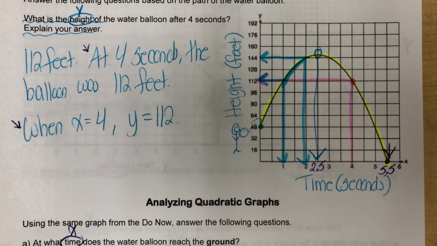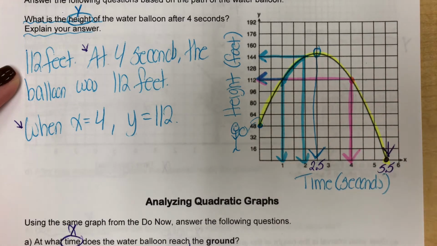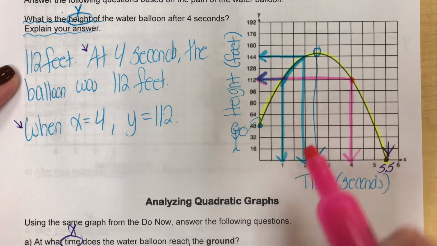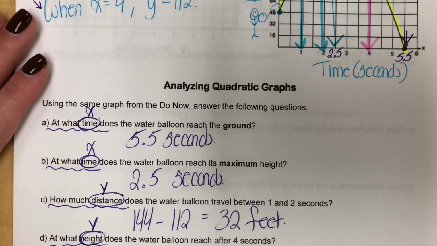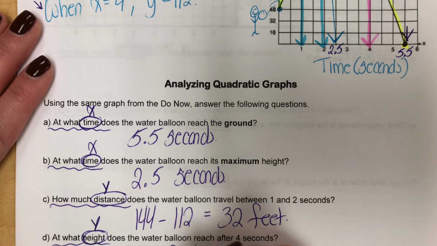But I can see that at 4 seconds, we already highlighted that before. That was actually from the do now. So at 4 seconds, what was the height? What was that y value? It was a y value of 112. All right, so it says at what height does the water balloon reach after 4 seconds? We're going to say it reaches 112 feet.